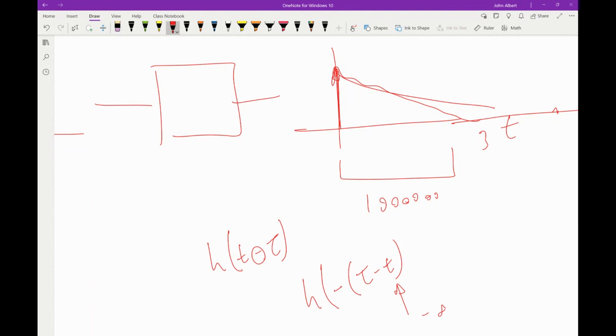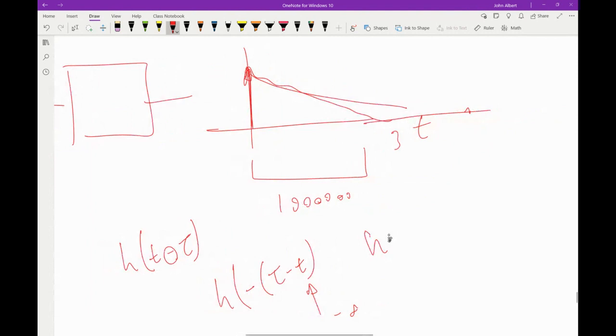So practically, what I'm sketching is h of minus tau plus infinity. When you set t to be equal to minus infinity, effectively what I have is h of minus tau. The minus just flips around the y-axis.